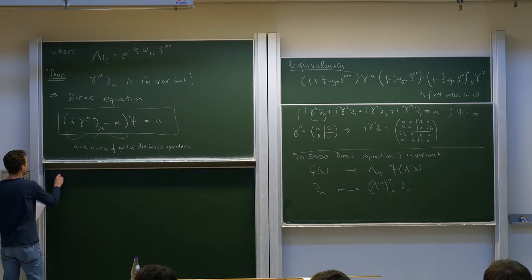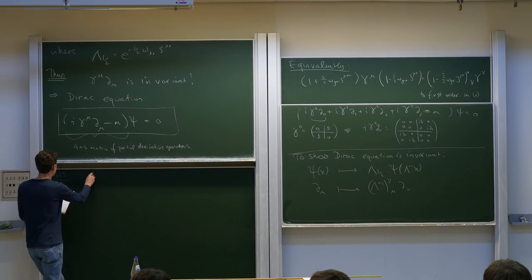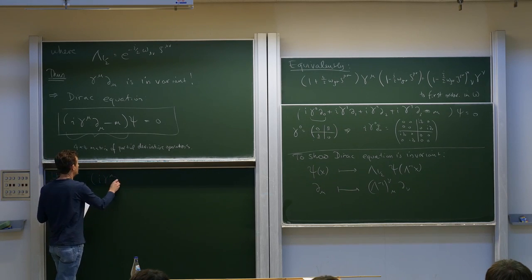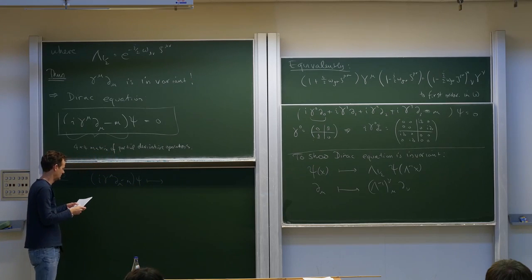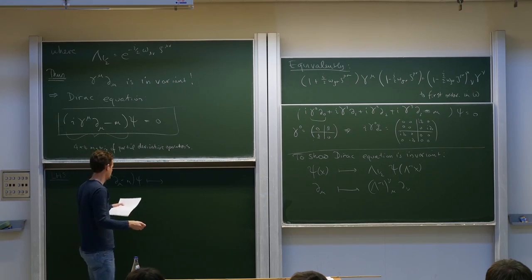So let's look at the left-hand side now. (i gamma mu d mu minus m) psi. That gets transformed according to these laws here to something different.